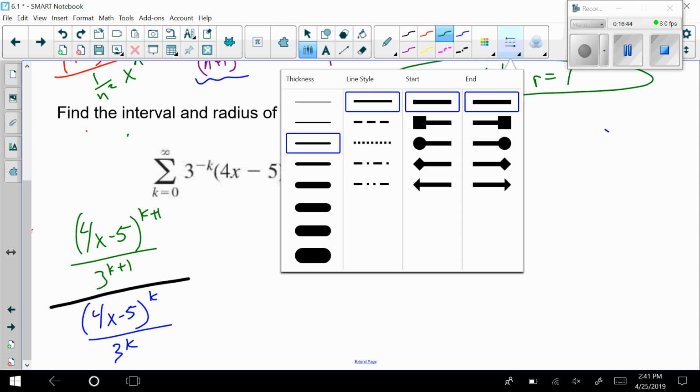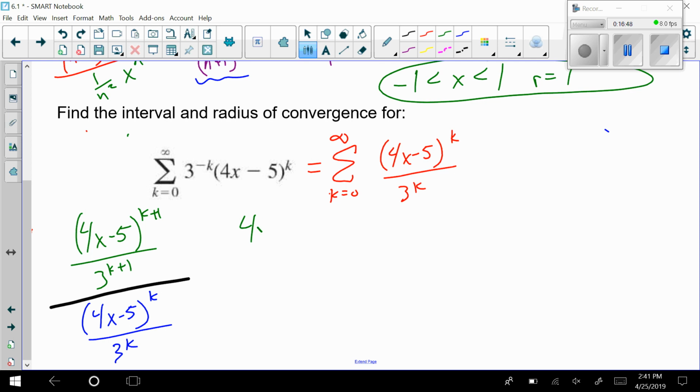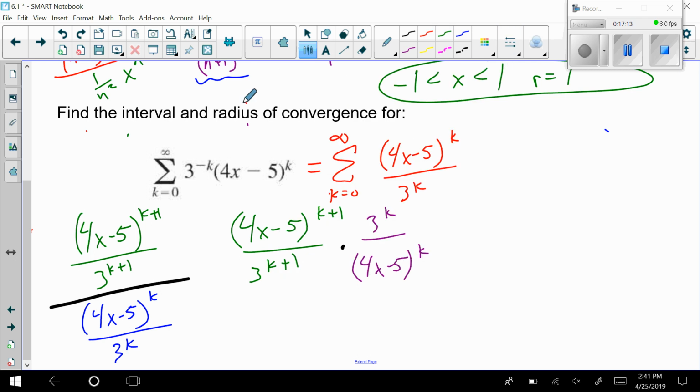From here you can choose to do it however you'd like, but I'm going to rewrite this so it makes sense to me as (4x minus 5)^(k+1) over 3^(k+1) times the bottom. Well, it's a reciprocal, so this is 3^k over (4x minus 5)^k. And now I'm hoping that I can start canceling some things out.